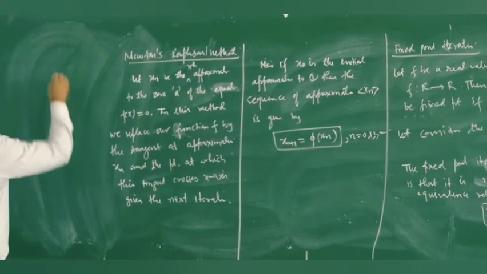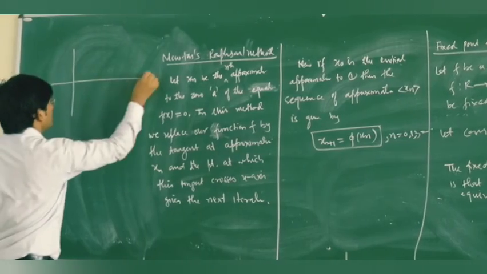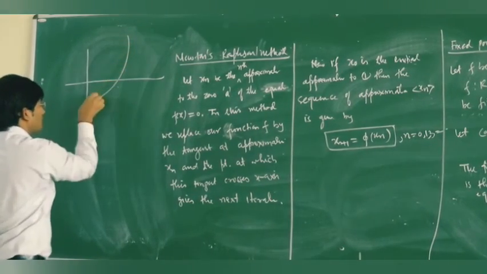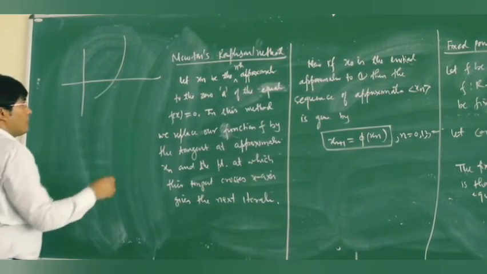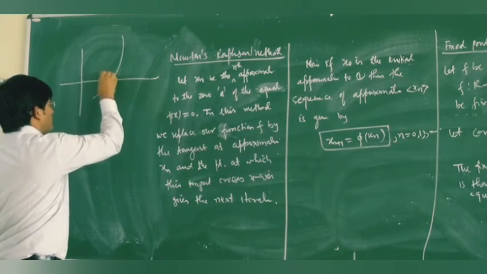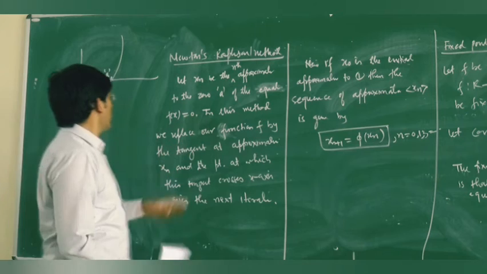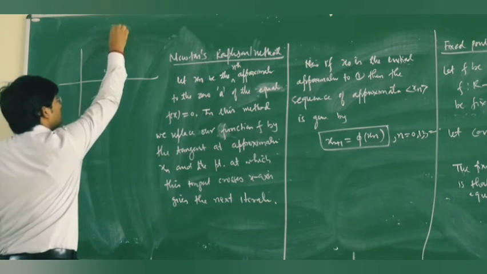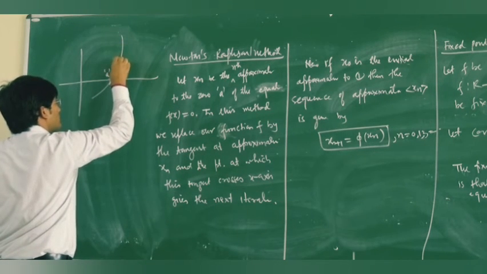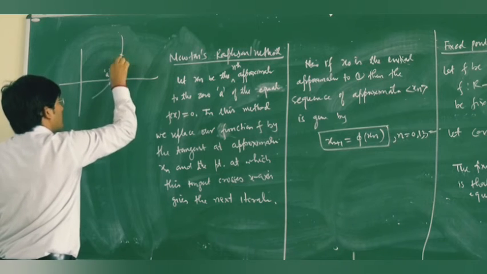So let us draw the graph. Say this is your function and say this is your exact root, which is a. We have assumed that the zero of the function is a. Now let us draw. Say this is your nth iteration, say this is your xn.